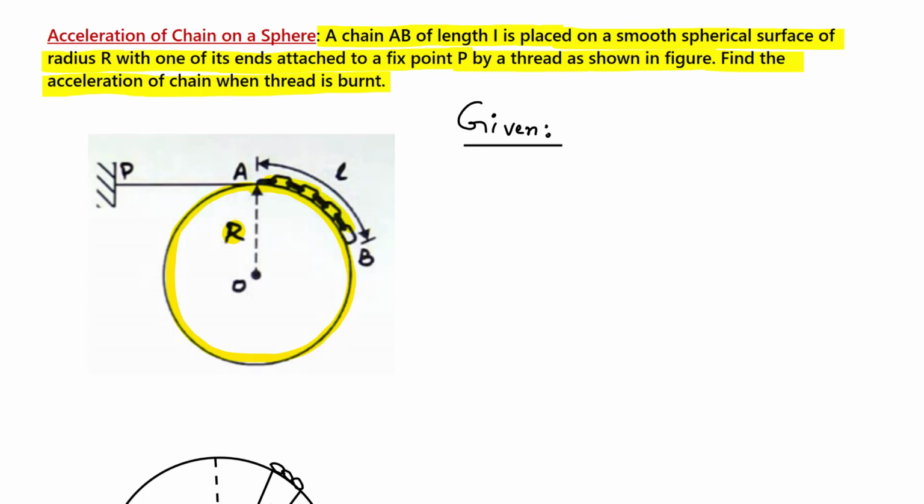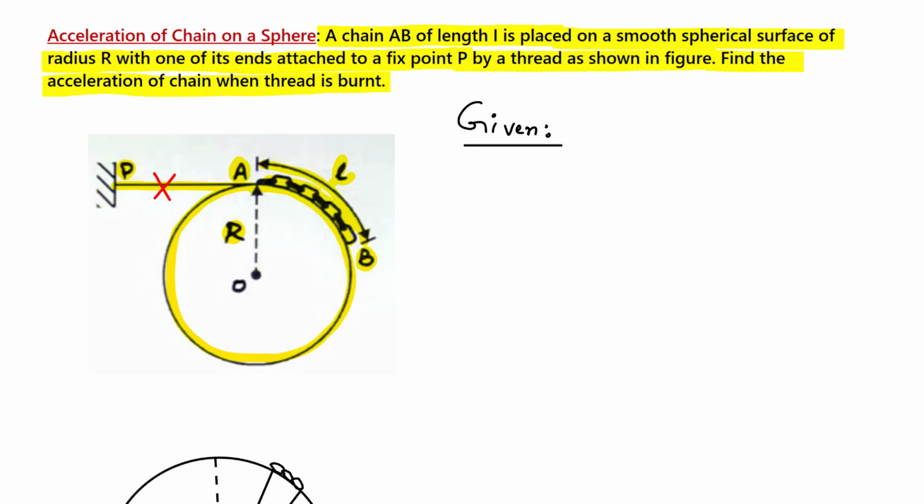So this is the chain and the length of this chain is given, and this length is L. One point, the top point, is A and the bottom point is B. And this chain is connected to point P through a thread. Now we have to find the acceleration of the chain when this thread is burnt.